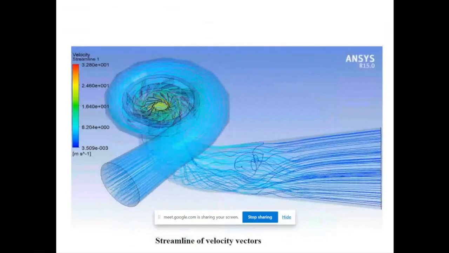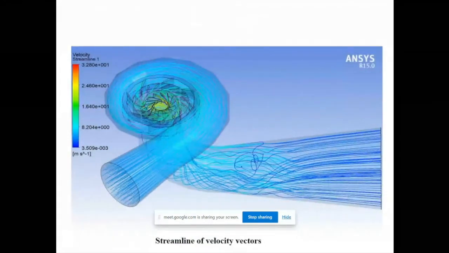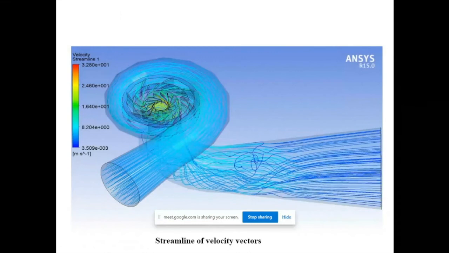Now, once we apply the boundary condition, we get these kinds of streamlines. Here you can see in this region the streamline is disturbed.